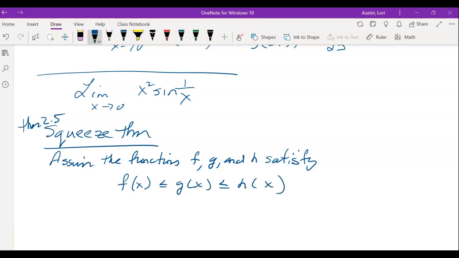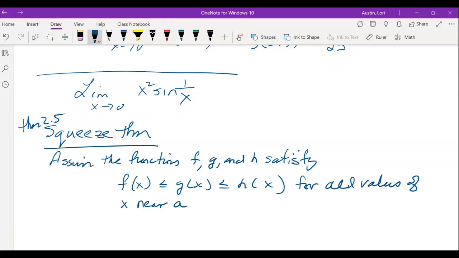Okay, so there's the squeeze. This is showing, hey, g of x is literally squeezed between f of x and h of x. That's what that statement says. All right? Function is in between those two, for all values of x near a, except possibly at a.